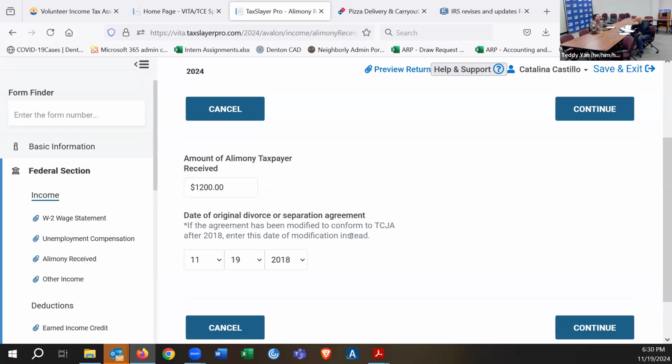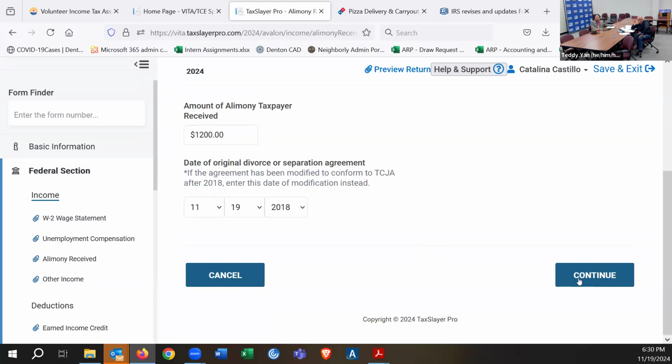If they say it was 2020, same thing. If they say it's sometime in late 2018, probably, then you need to ask deeper questions and figure out exactly when that happened. But that's how you enter alimony for the recipient.